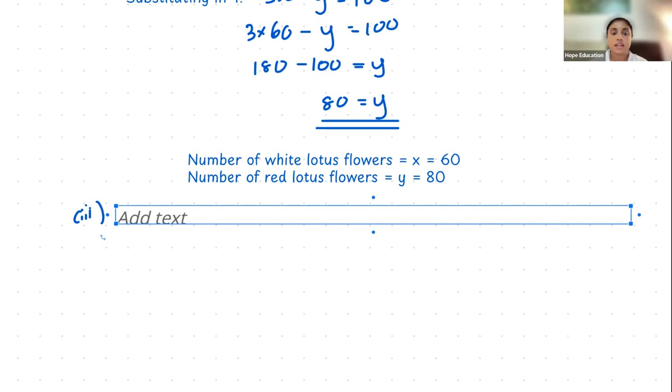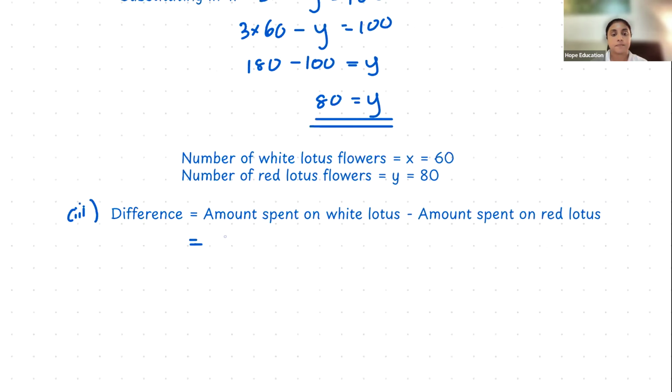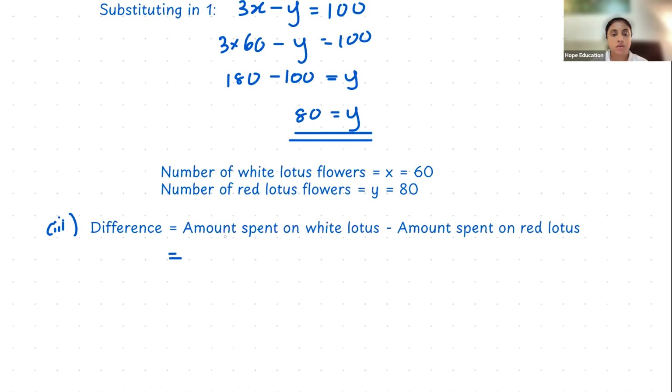So one white lotus flower was 12 rupees. And how many white lotus flowers do we have? 60. Price of a red lotus flower is 11. And how many red lotus do we have? 80, because y is 80.